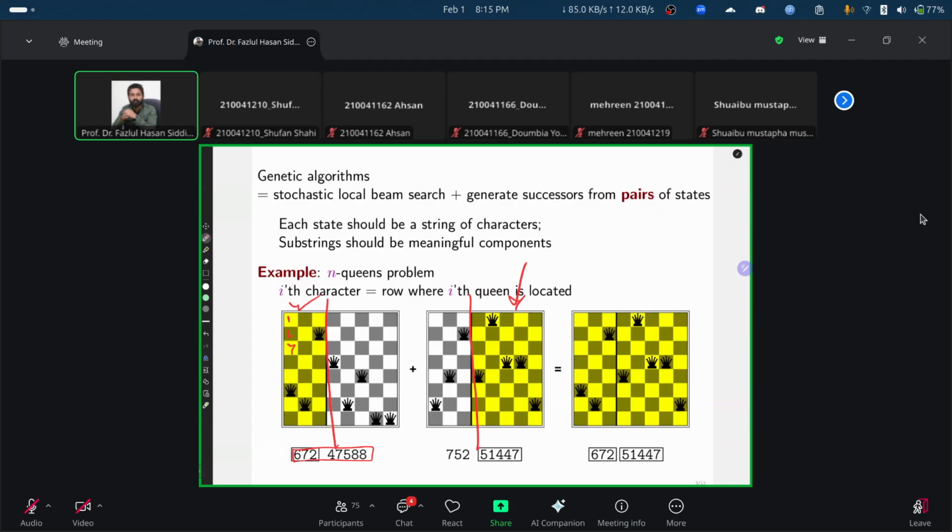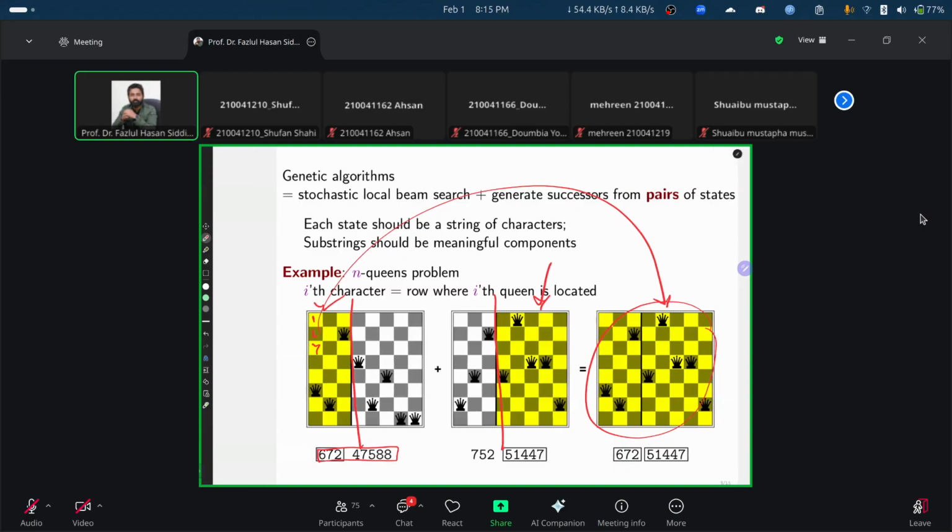If we merge these two, then the ultimate child will be this one, and overall the quality of the solution will be better. So the crossover point is selected based on the situation, the application, and the demand of the problem.